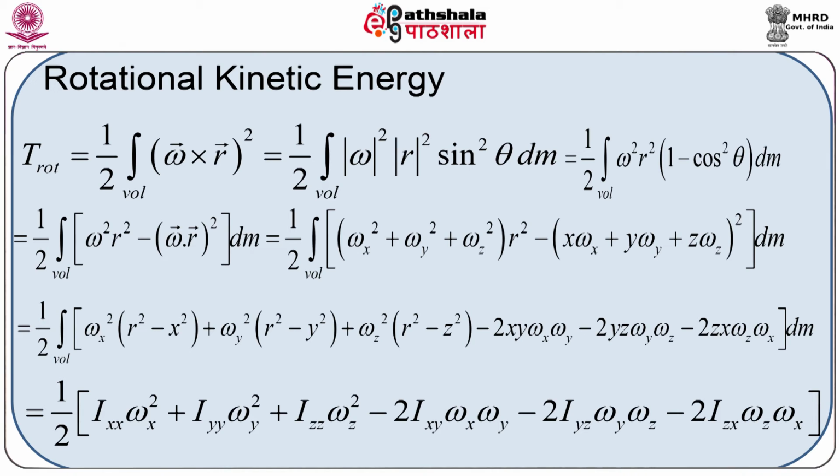So, omega dot r gives x omega x plus y omega y plus z omega z. We get this result. If we adjust these terms after squaring this one, we get these results. If we integrate these terms separately, we get 6 terms which has been written here.